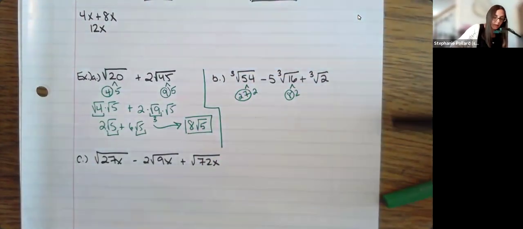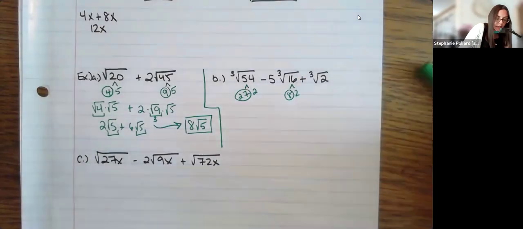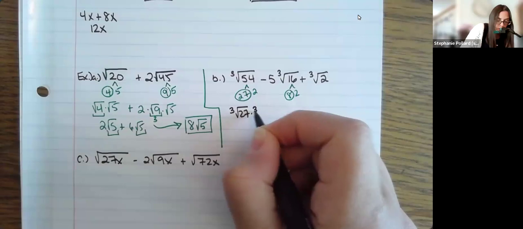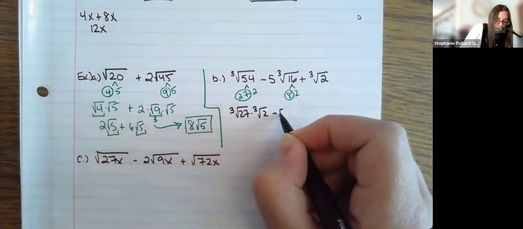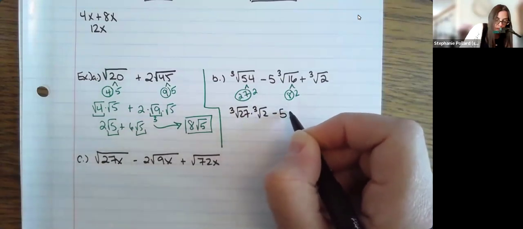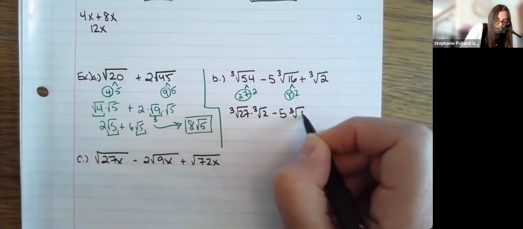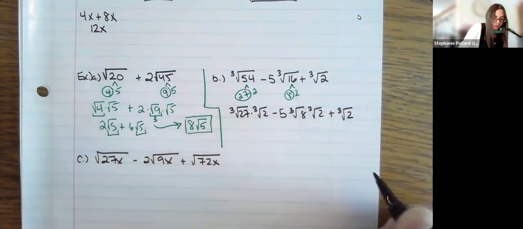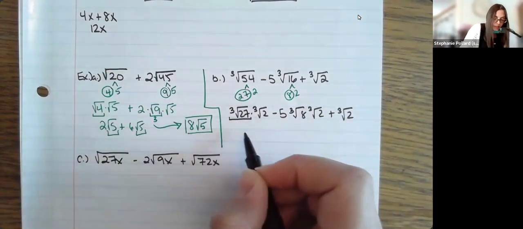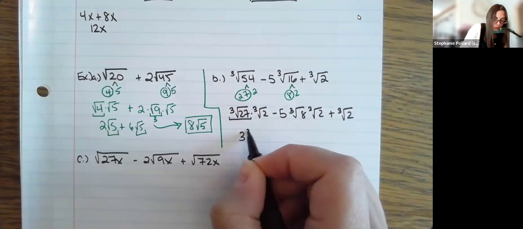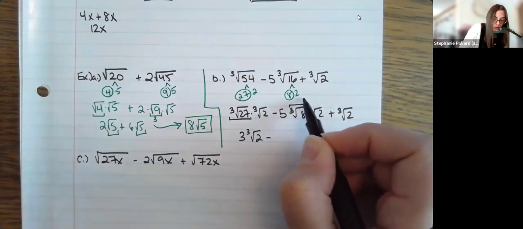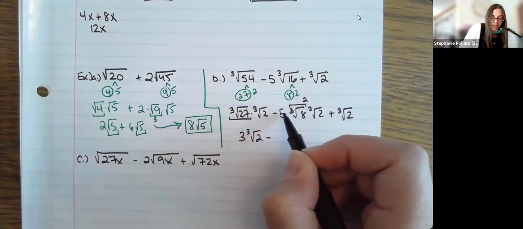So here, I would end up, let me switch to black for a second. I have the cubed root of 27 times the cubed root of 2 minus 5 times the cubed root of 8 times the cubed root of 2 plus 3 times the cubed root of 2. Now the cubed root of 27 is 3. So I have 3 cubed root of 2 minus. Now the cube root of 8 is 2, and there's a 5 here. So this is 5 times 2.